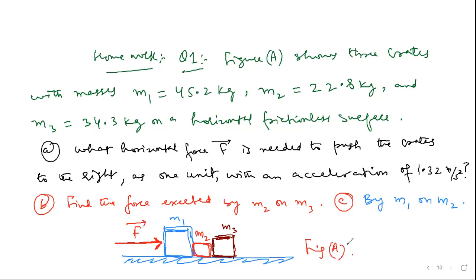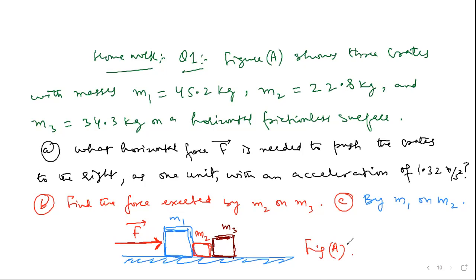So I repeat the question. Figure A shows 3 crates with masses M1 equal to 45.2 kg, M2 22.8 kg, and M3 34.3 kg on a horizontal frictionless surface.